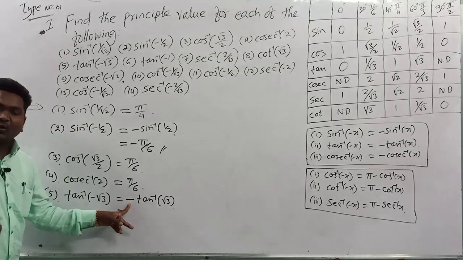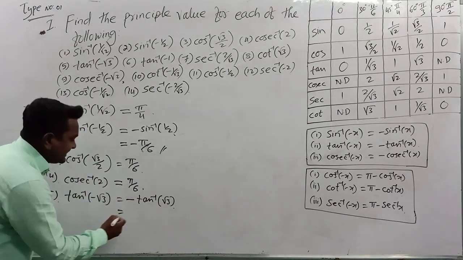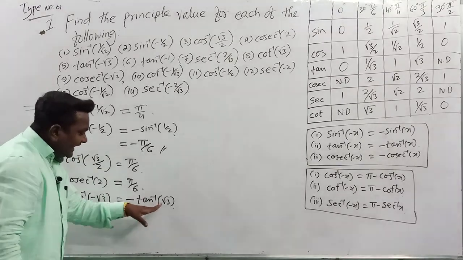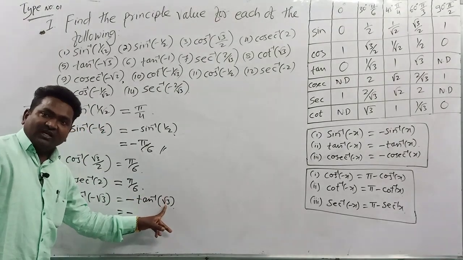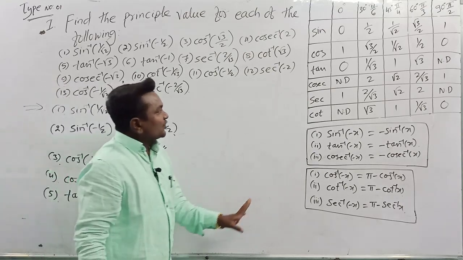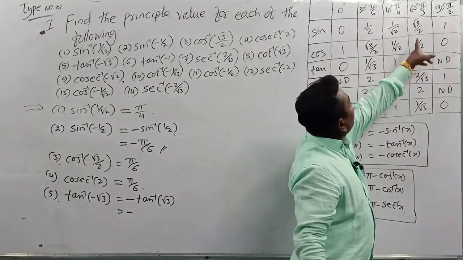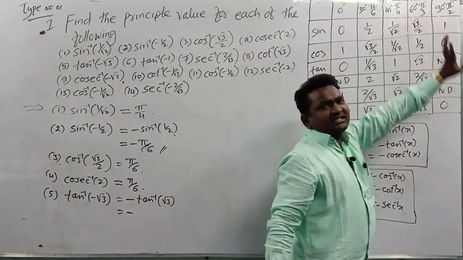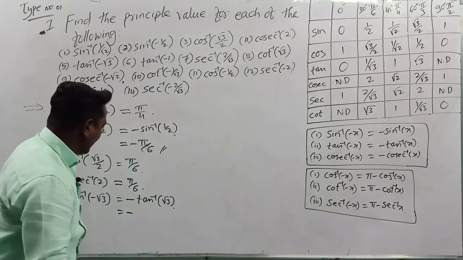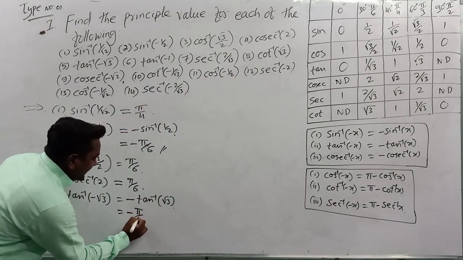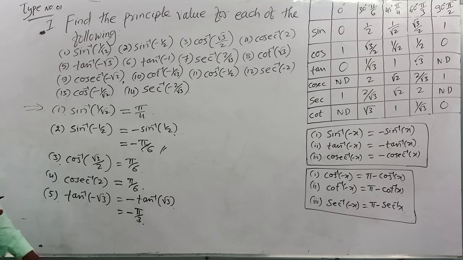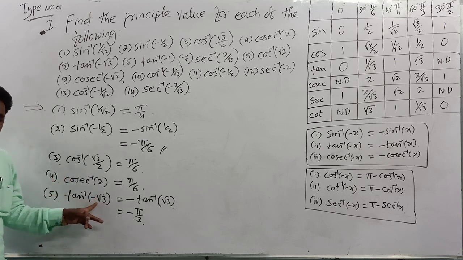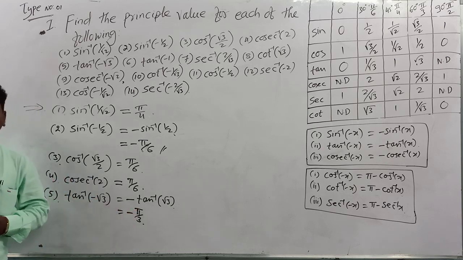The negative sign outside stays as it is, and replace the value for tan inverse root 3. So what is the value of tan inverse root 3? 60 degree. 60 degree means pi by 3. Now its value is pi by 3. Tan inverse minus root 3 is equal to minus pi by 3.